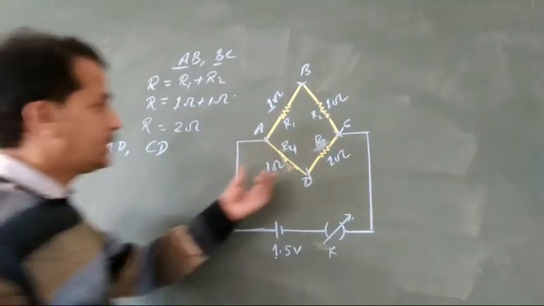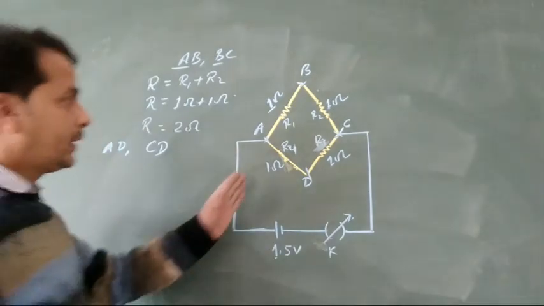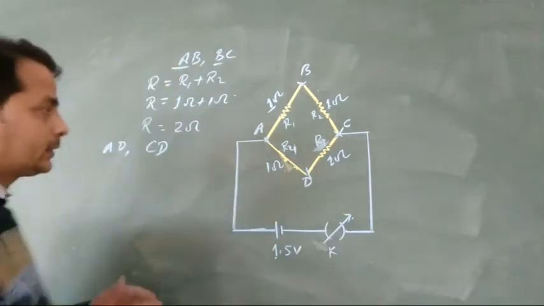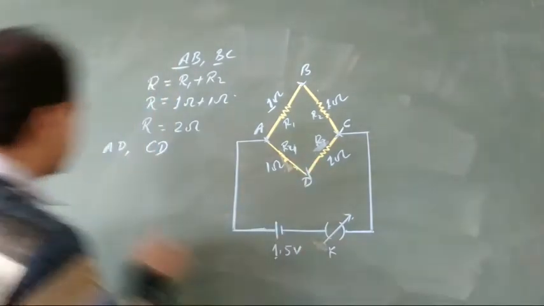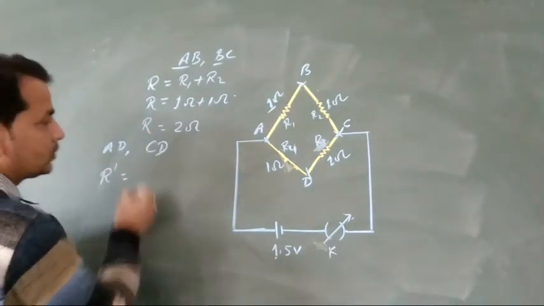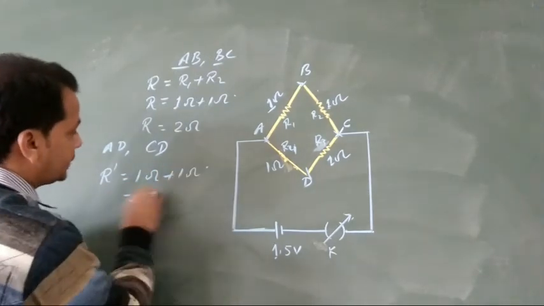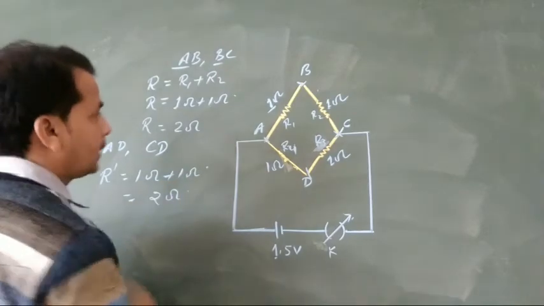So the equivalent resistance R dash equal to 1 ohm plus 1 ohm, that is 2 ohm.